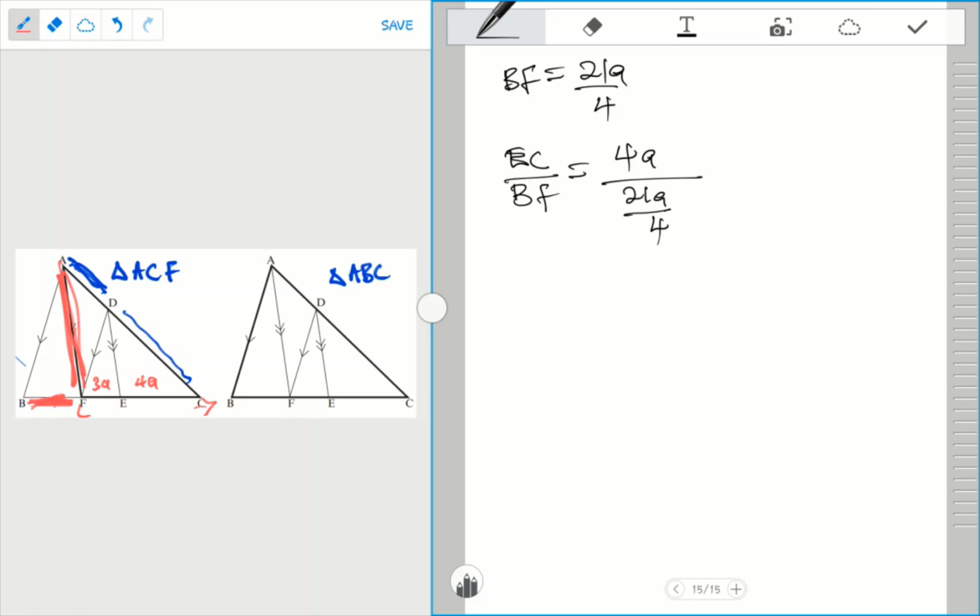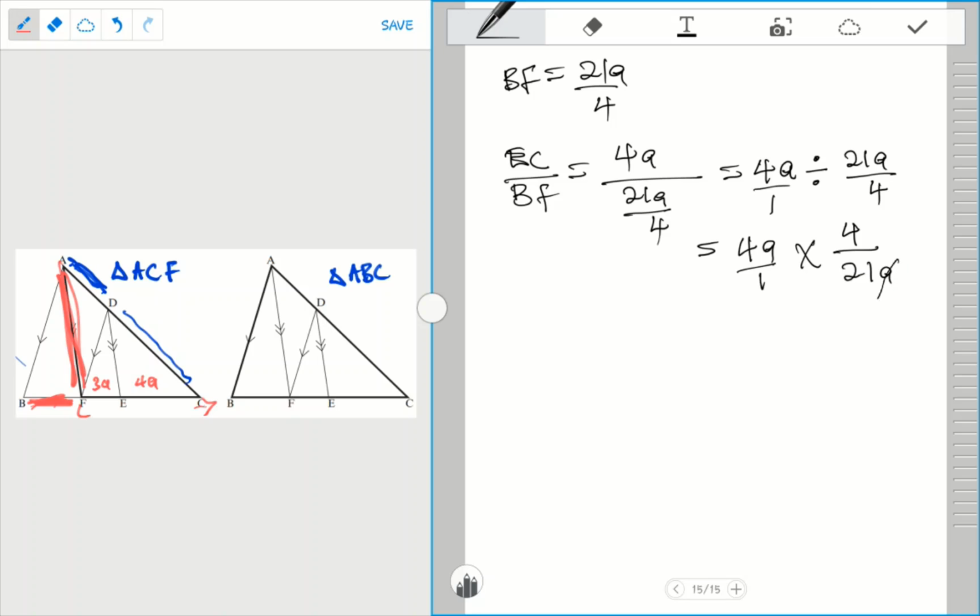So let's rewrite this number. This is 4A divided by 21A over 4. This is algebra. Mind you, this one is over 1, so we have to transpose this one. Therefore, we are going to have 4A over 1 multiplied by 4 over 21A.